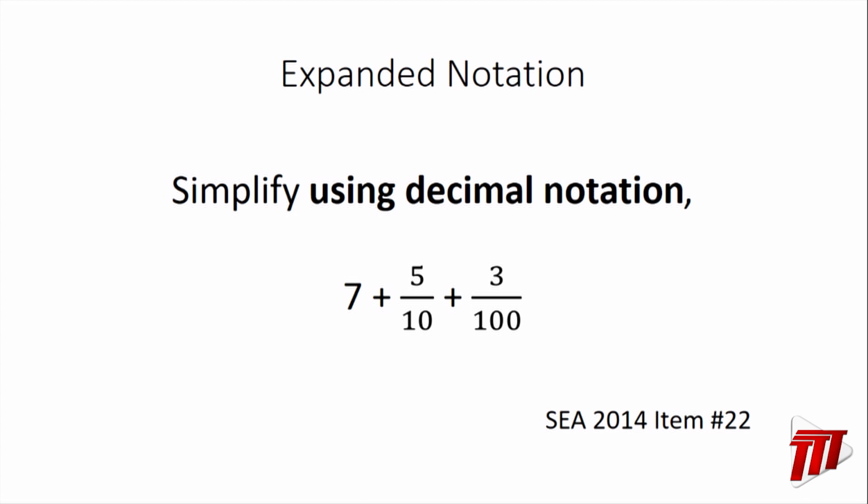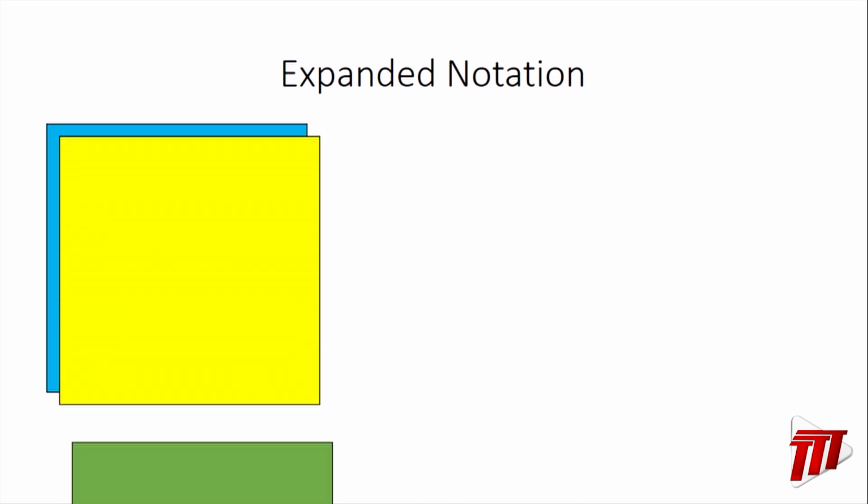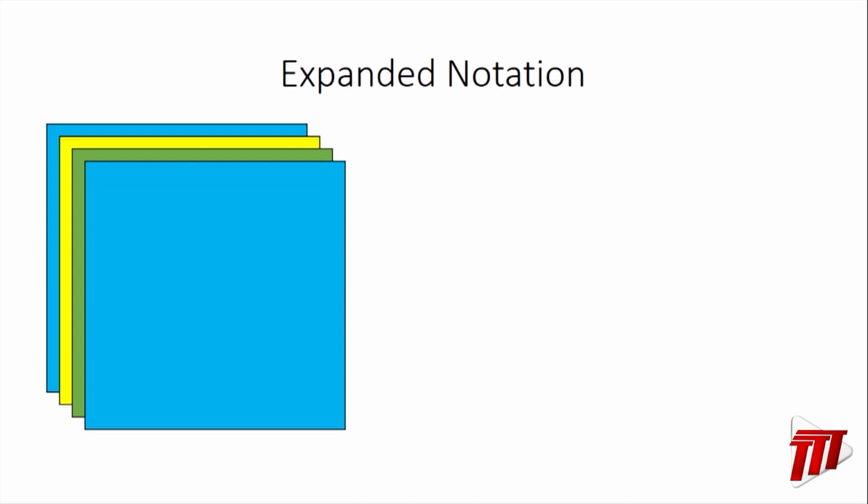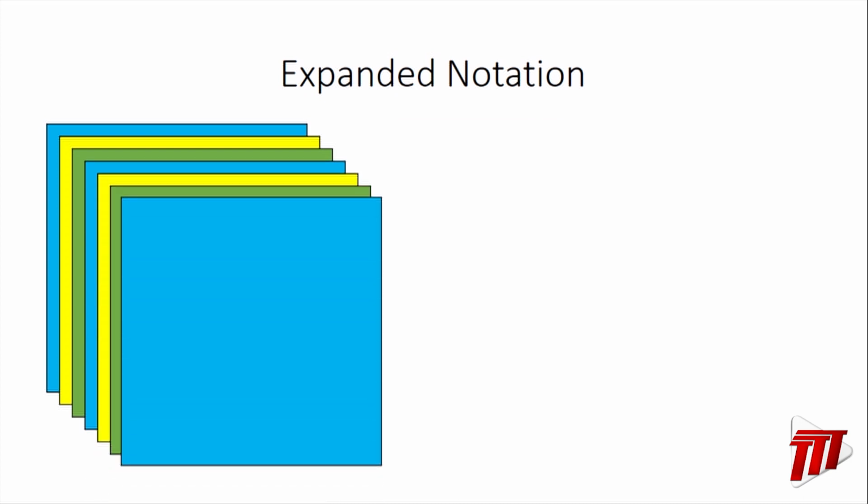The previous item had no wholes. So to represent this particular problem, I am going to need 7 wholes initially. 1, 2, 3, 4, 5, 6, 7. That takes care of the 7.